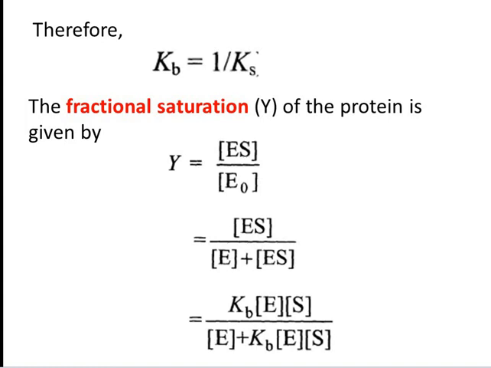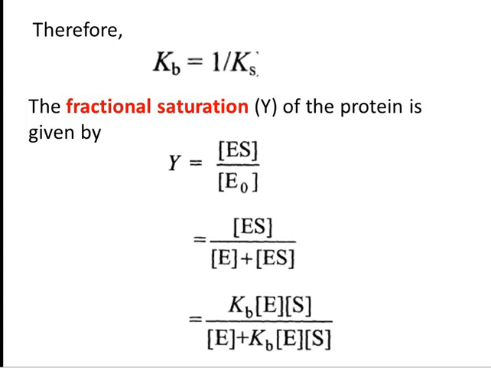The fractional saturation or binding equilibrium, which is denoted by Y, of a protein is given by Y is equal to the concentration of enzyme substrate complex divided by the concentration of total enzyme, which is equal to the concentration of ES complex divided by the concentration of E plus the concentration of ES.